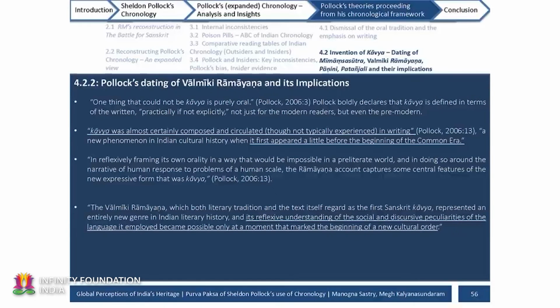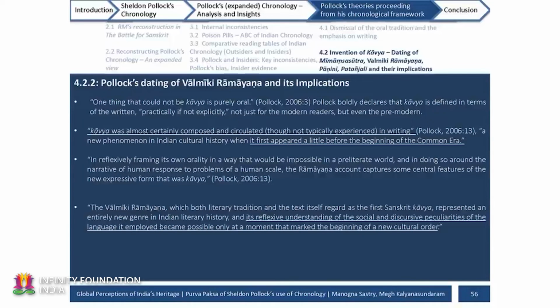And he says kāvya was almost certainly composed and circulated, though not typically experienced, in writing. And this, as a new phenomenon, appeared in India a little before the beginning of the Common Era. Exemplifying best this new literary form, according to Pollock, is the Adikavyam Ramayanam, which he places much later, just at the start of the new millennium.